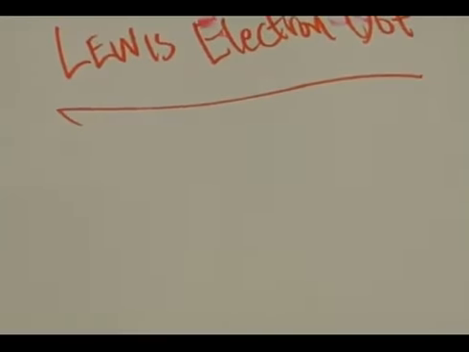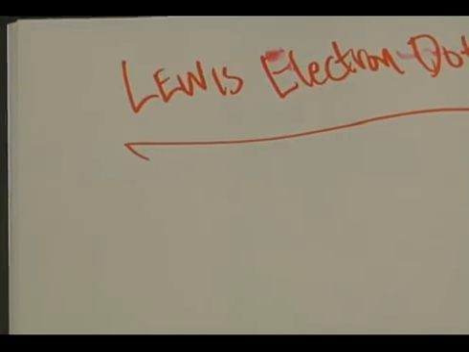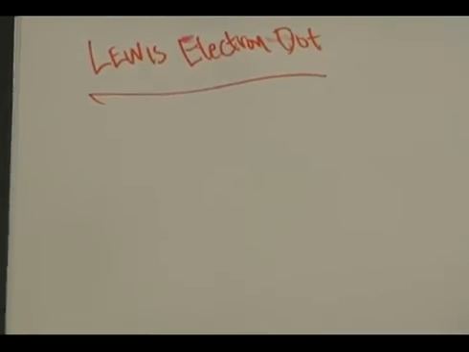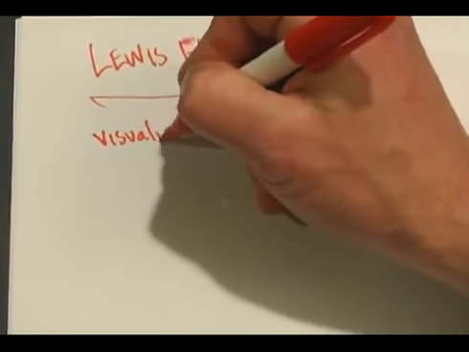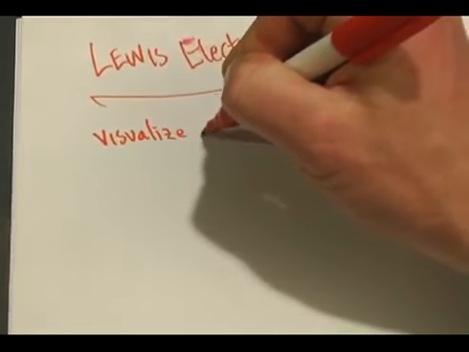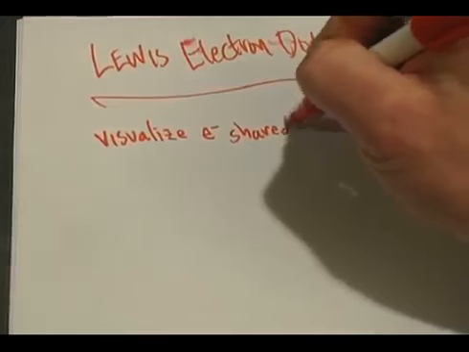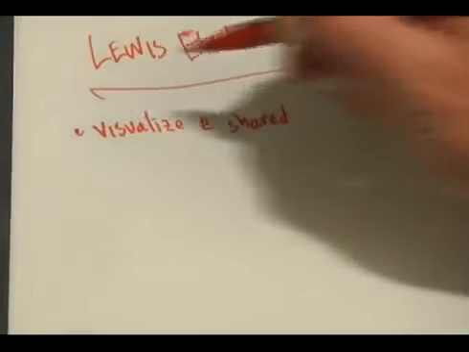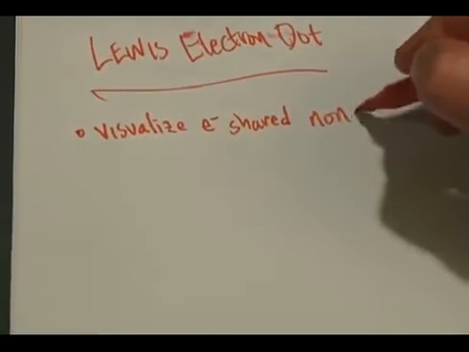Let's go through the steps in drawing Lewis electron dot structures. First of all, why are Lewis electron dot structures valuable? Number one, because Lewis electron dot structures help us visualize how electrons are shared in molecular compounds. And remember, molecular compounds are where there are 2 or more nonmetals.